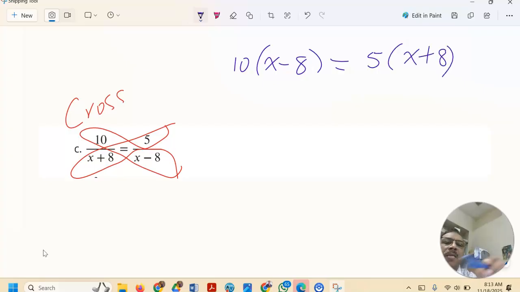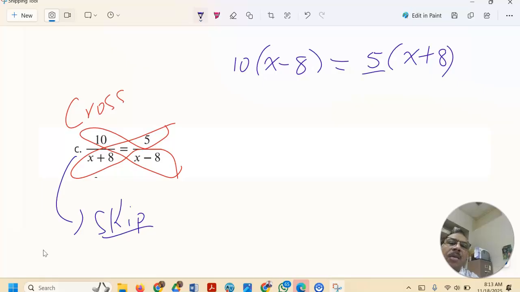See? So we are skipping one step here. What we are skipping is multiplying both sides by the least common denominator. That takes too many steps, so we do a shortcut like this.